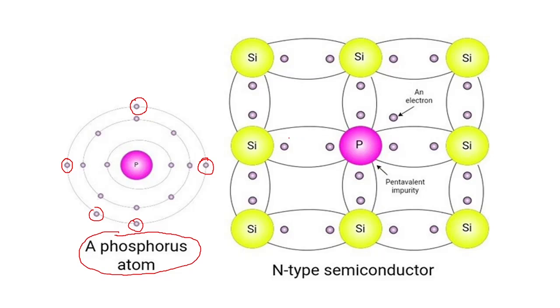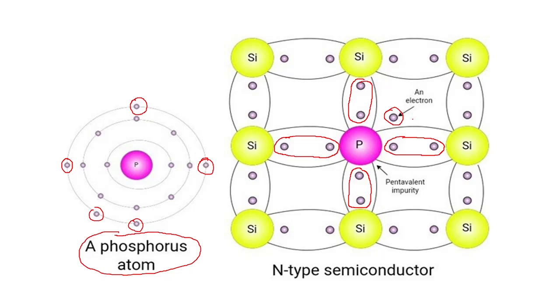Here you can see the valence electron of silicon making a covalent bond with the valence electron of phosphorus, and the same at the other positions. So 4 of the 5 valence electrons of phosphorus make their respective covalent bonds, and 1 electron becomes free, and this free electron will be a conducting charge carrier.